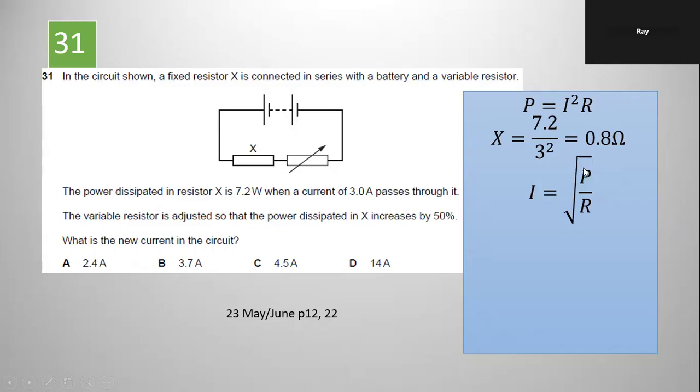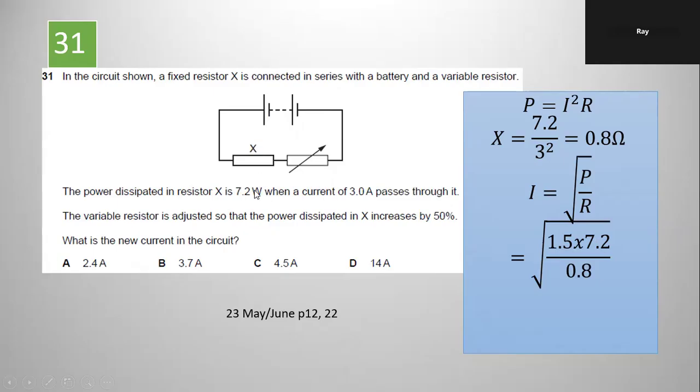Current is power divided by resistance. So now we change the power, right? Increased by 50%, so it's 1.5 lah, and 7.2, right?